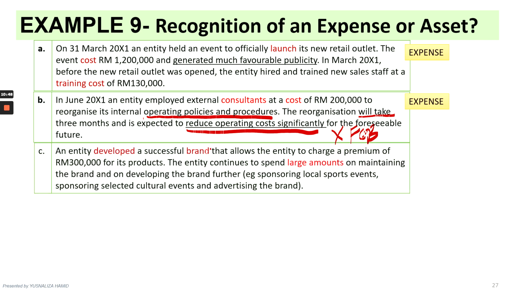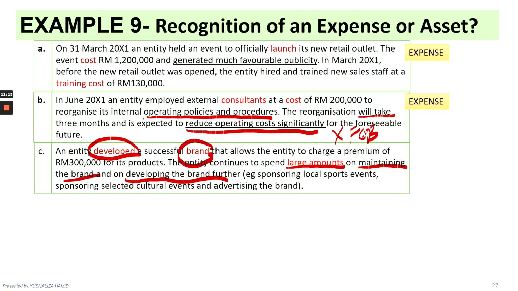Another one, the company develops a brand. So if you think you develop a brand, that is not an intangible asset, because those are normally expenditure that relates to promotion or advertising, right? So here they maintain the brand. They say it is a brand, and developing the brand further, they have spent a large amount.